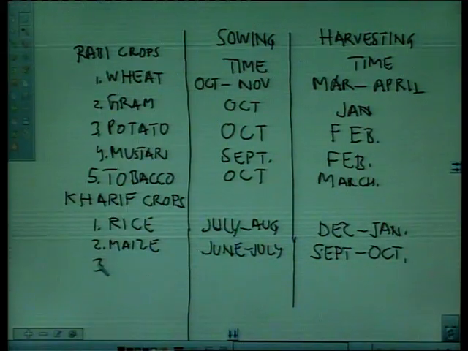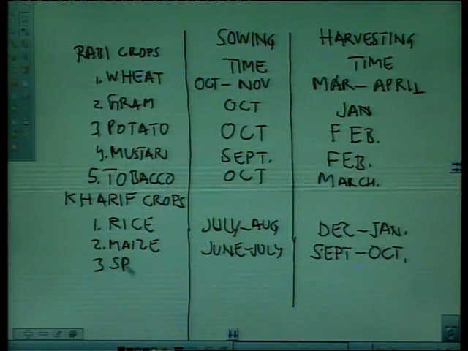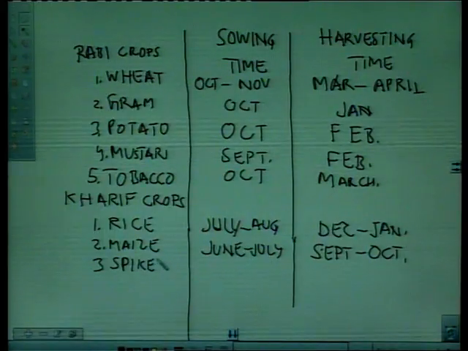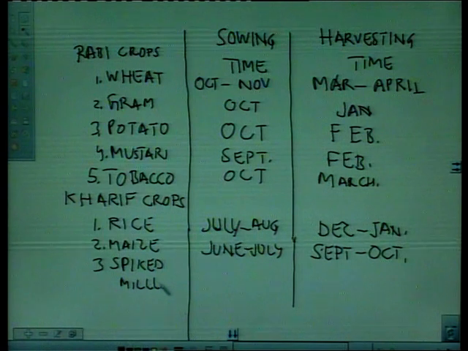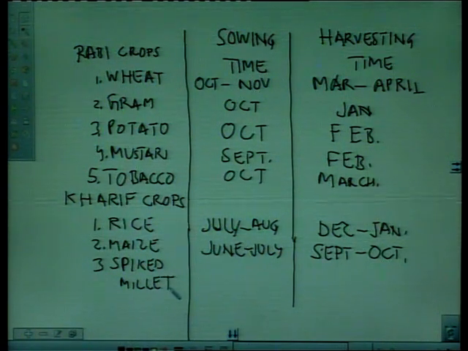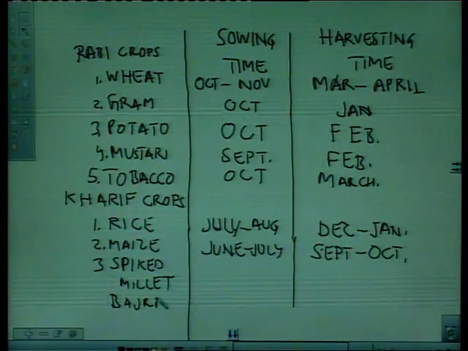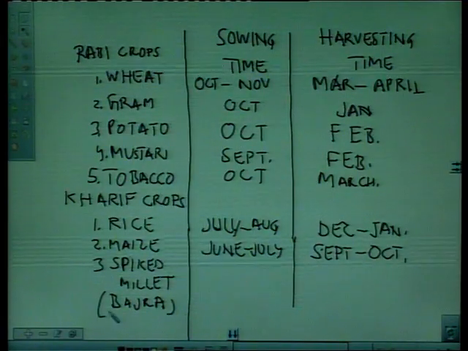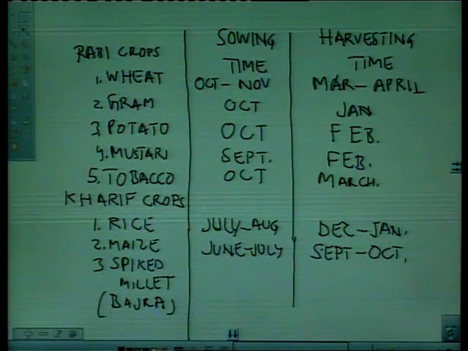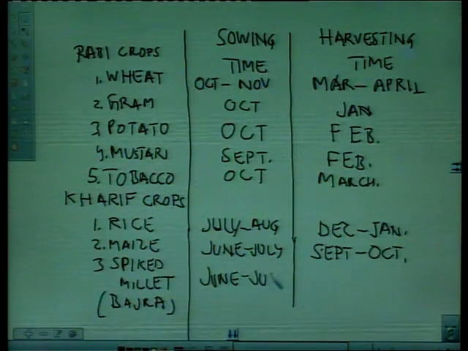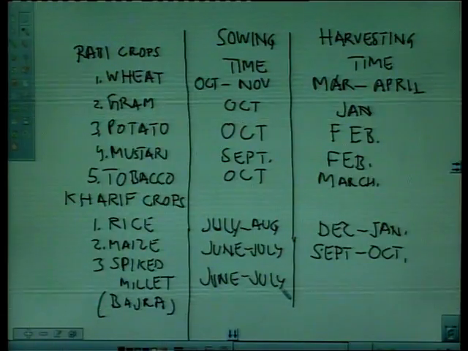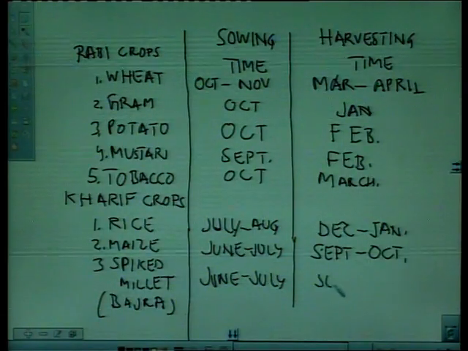Then spiked millet, bajra: sowing time June, July and harvesting time September, October.